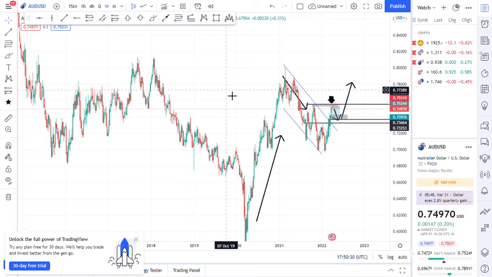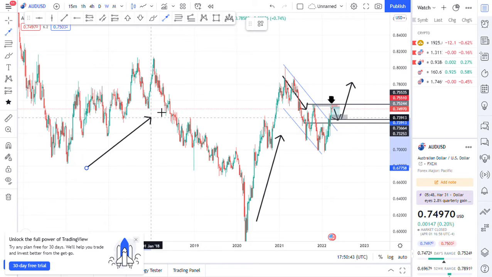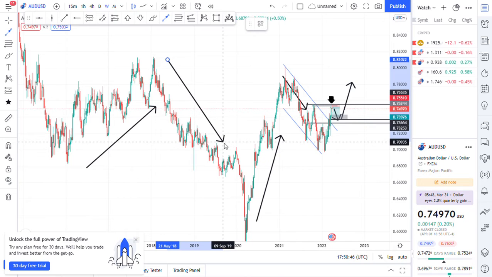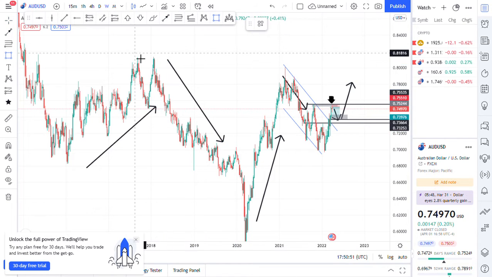Starting from AUD USD, the Aussie dollar. This is the weekly time frame. Now we've seen from here a bullish push, then a bearish push that gave us a beautiful double bottom around this zone here. Very clean, very neat.